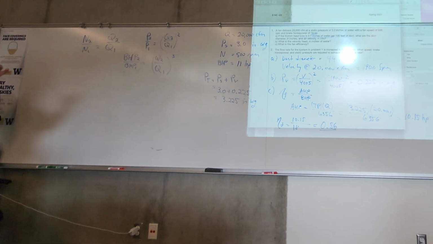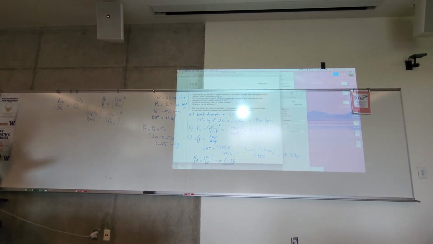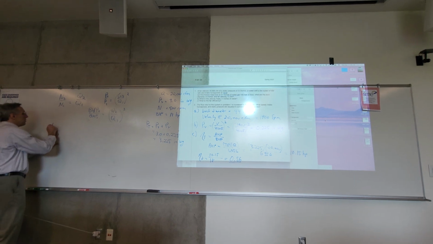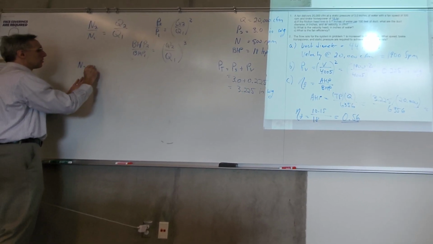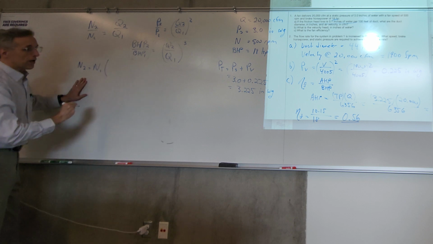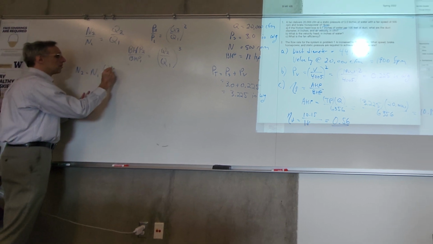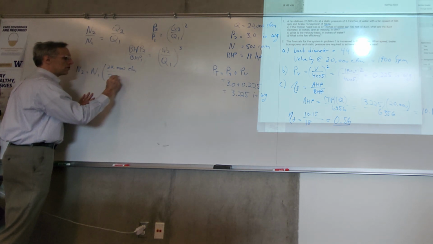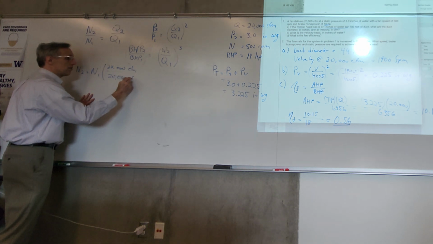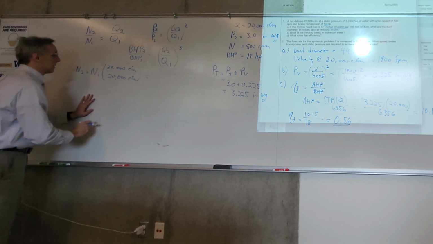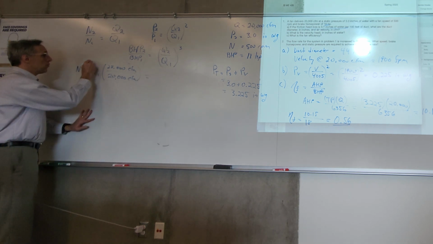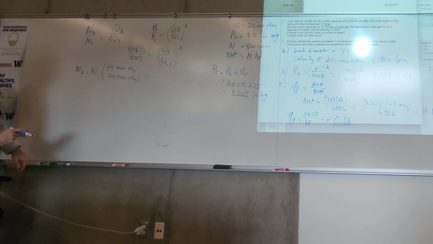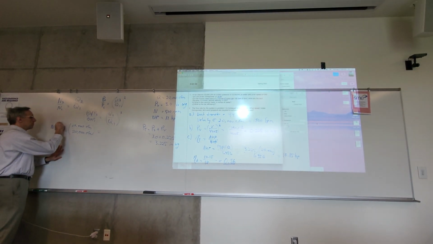Okay, so speed is N. We want to find the new speed, and we're going up to 28,000 CFM from our design CFM of 20,000, with N1 at 500 RPM.